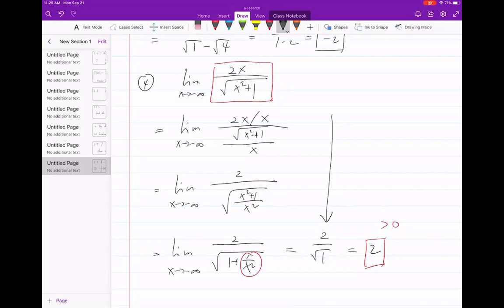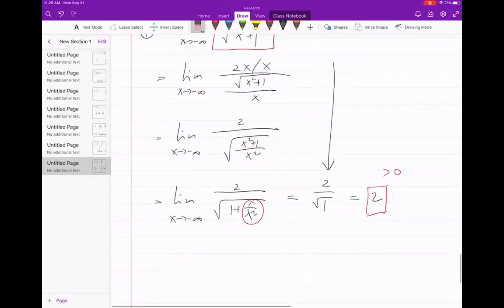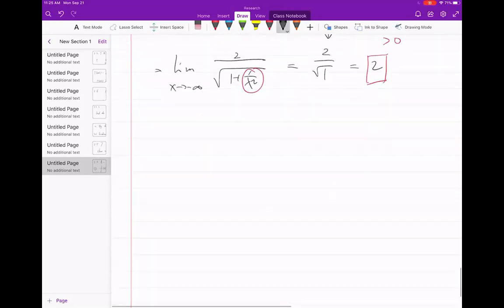Adam, what's wrong? So when you take the square root of the denominator of the entire fraction, you're essentially losing the negative sign from the infinity. Let me write down what I just did. I take this one, I said this one equal to this one.